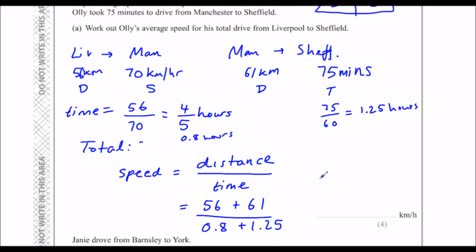So let's just type it in the calculator. 56 plus 61 on the top, and 0.8 plus 1.25 on the bottom. And I've got 57.1 to 3 significant figures, or 1 decimal place. And that's all we wanted.